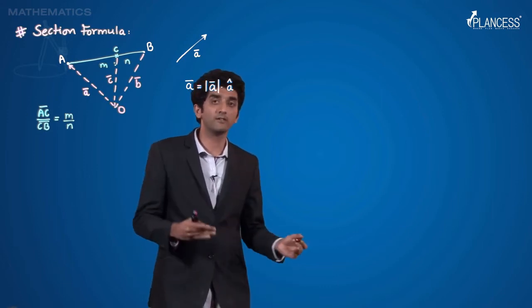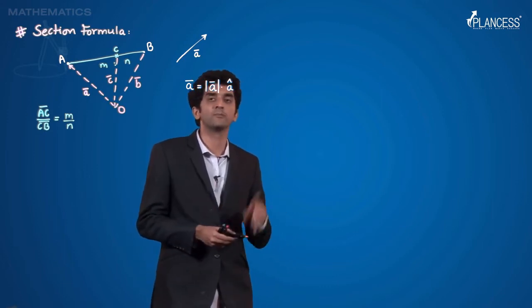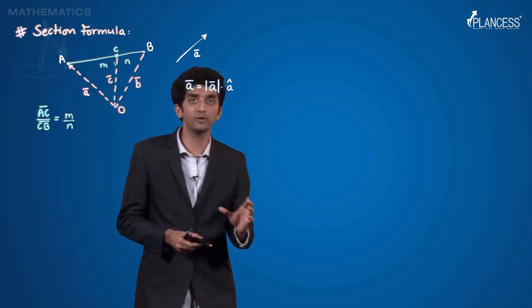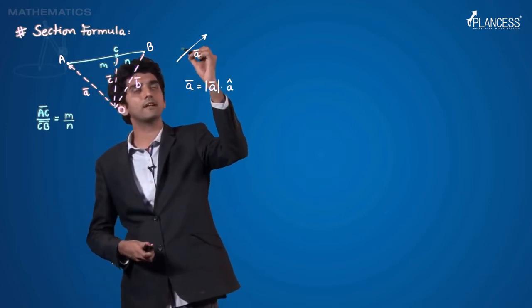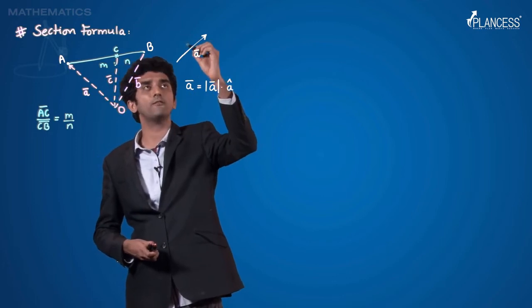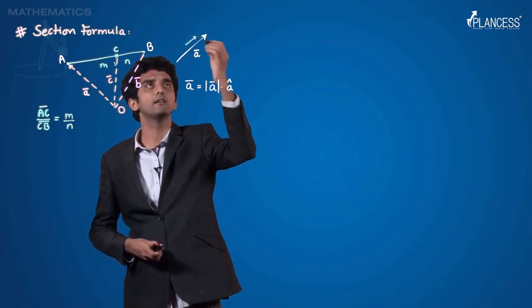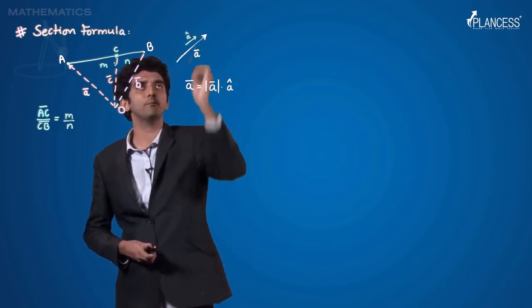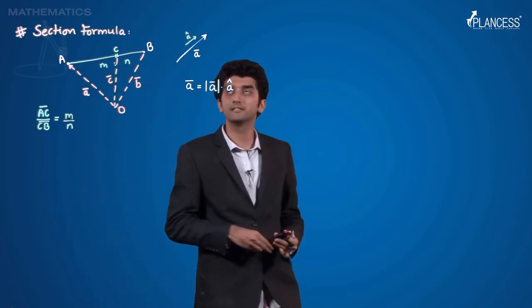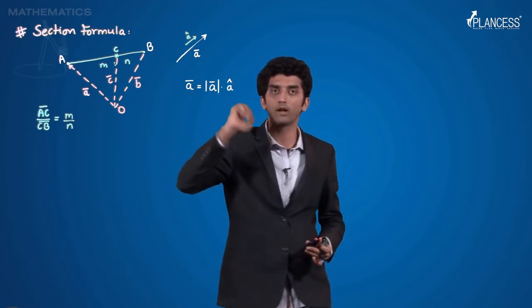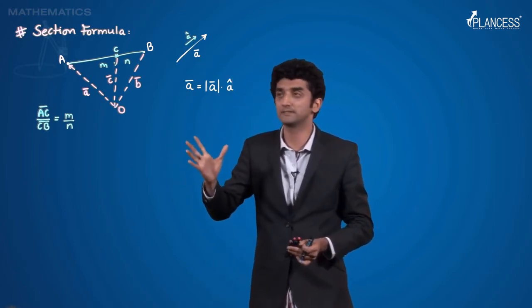We know that unit vector is some vector which has a magnitude of unity, which has a magnitude of 1, which means another vector which is in the direction of a bar. So this is a cap. Another vector which has the same direction as a bar, just that its magnitude is 1. That is how a cap is defined.